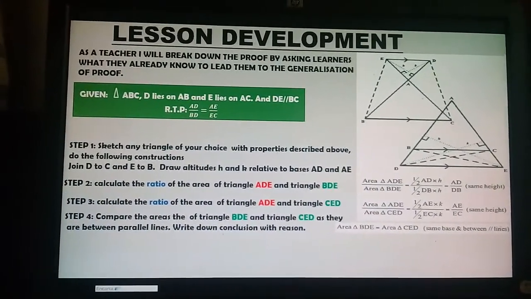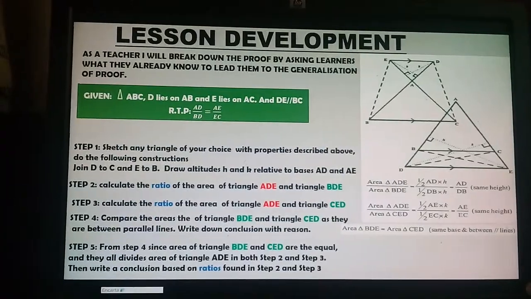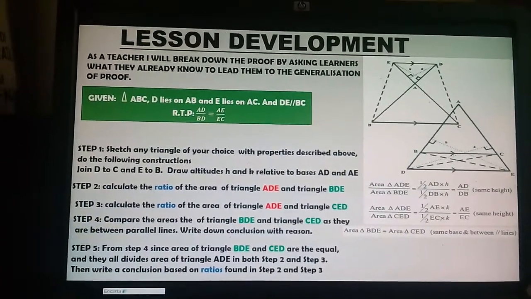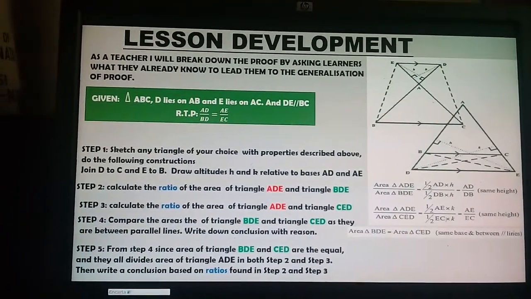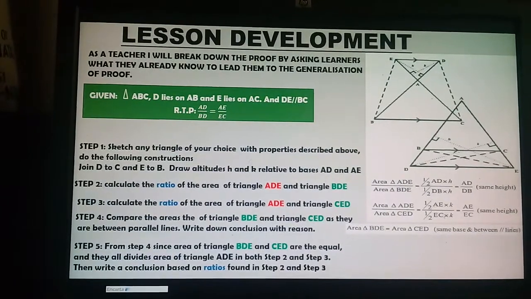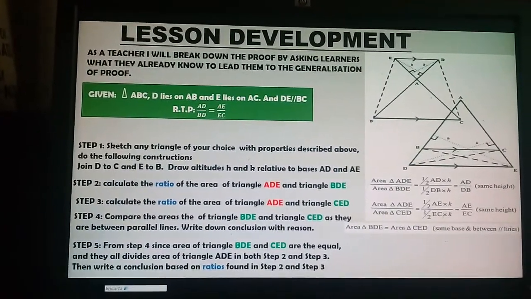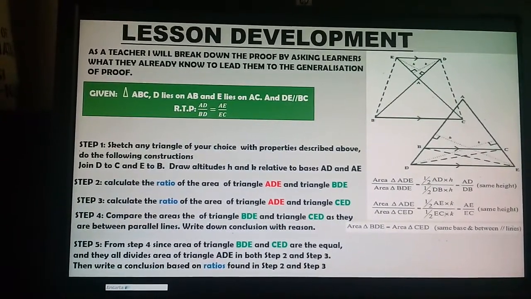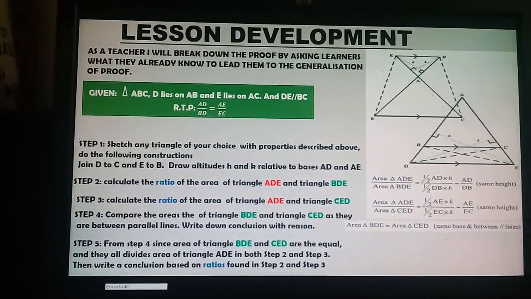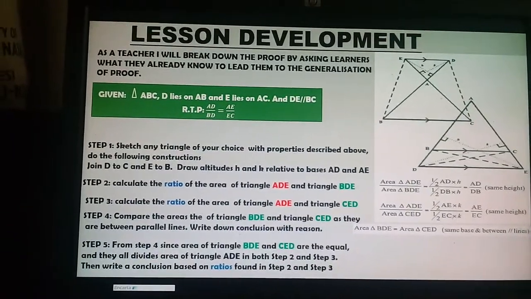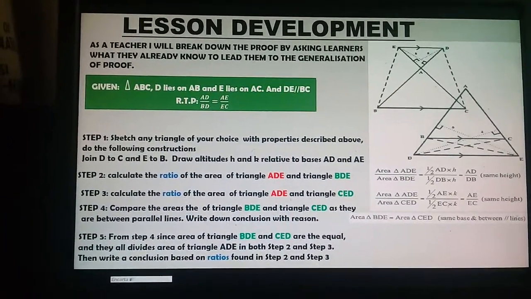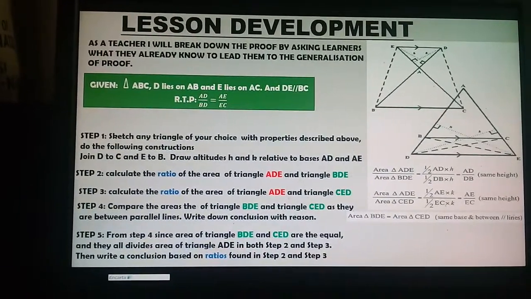Step number 5 now, our last step. From step 4, since the areas of triangle BDE and triangle CED are equal, and they both divide the area of triangle ADE in both step 2 and step 3, I ask learners to write down a conclusion based on the ratios found in step 2 and step 3.